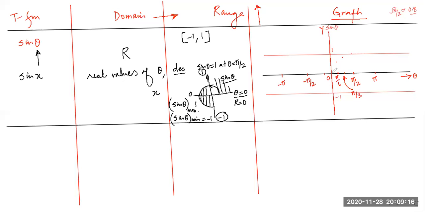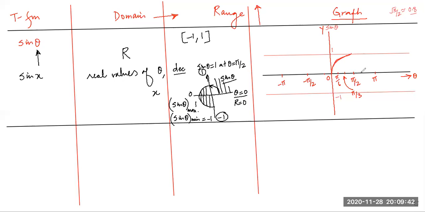So what will be the shape of my graph? It will be like this. It will be a curve, right? This is the shape of my graph. It's a curve. And why is it a curve? You can take more values, sine 15, more values. You'll see exactly it's a curve. So what about sine pi?